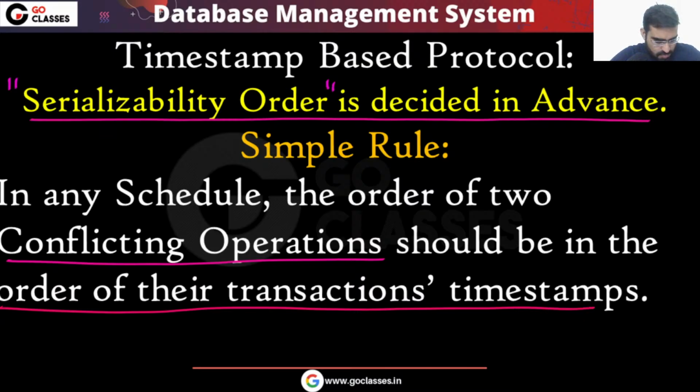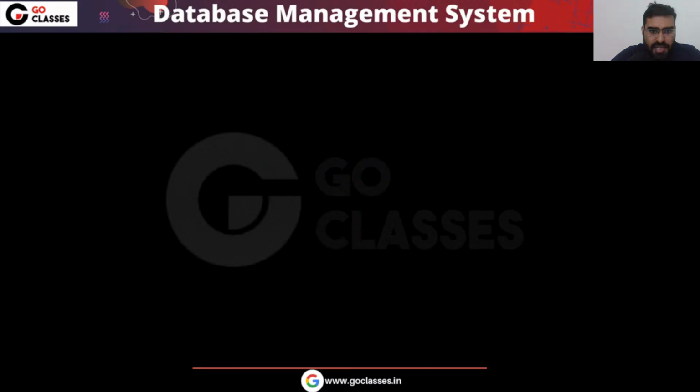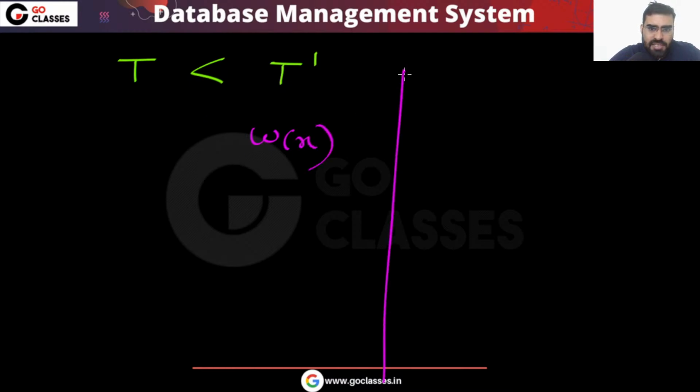If it is not, then what? For example, let's assume there is a transaction T dash, and if things happen in this order, remember time is going on in this order, let's assume this write happens first, then after some time this read happens.